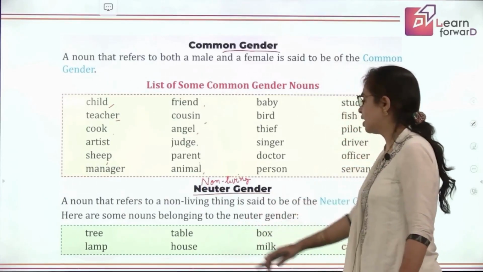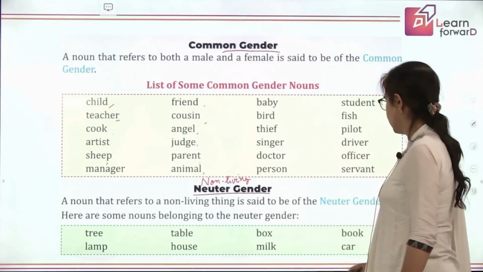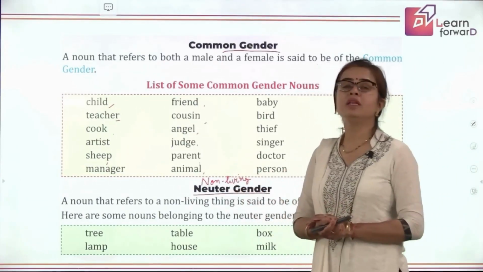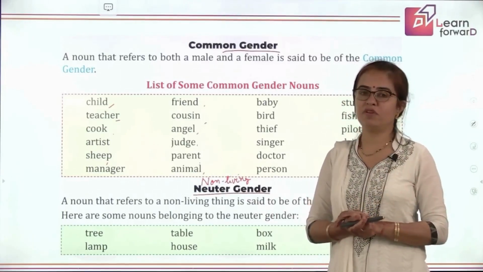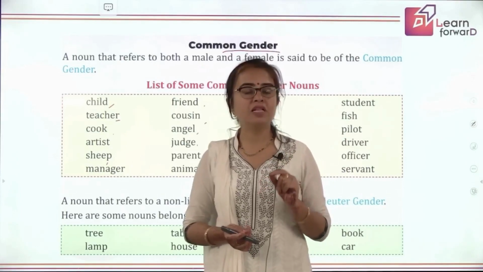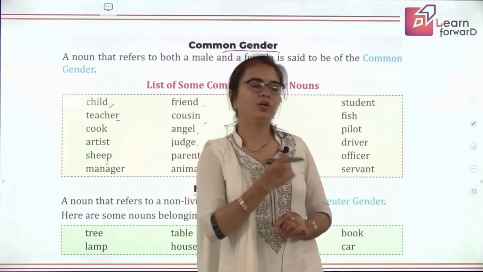Places are also included in neuter gender. Box, milk, book, car. All these and many more words that do not have life are neuter gender. But remember that trees, though they are living things, we still include them in neuter gender.